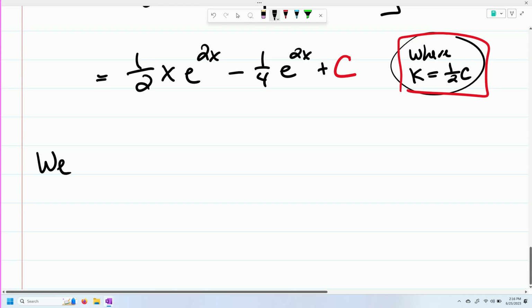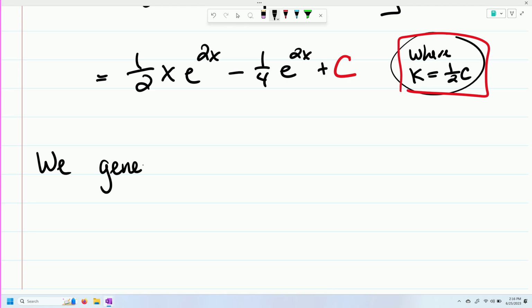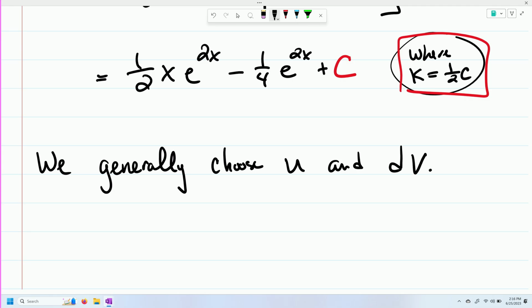We don't always do this, but we generally choose u and dv. There are exceptions, and you'll know when you hit them, because you can end up in a loop of integration by parts, doing it over and over again. It's not that you did something wrong, you just have to tweak your technique a little bit. So we generally choose u and dv.